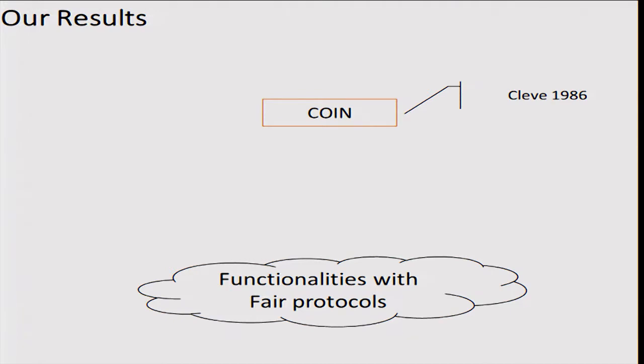This follows from the result of Cleve in 1986. We also know that if we have exchange functionality, then we can obtain a fair protocol for coin. That means exchange also does not have a fair protocol. Our first result shows that even with access to coin, one cannot obtain a fair protocol for exchange.